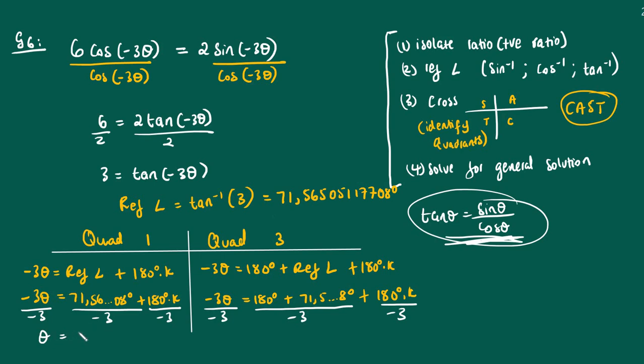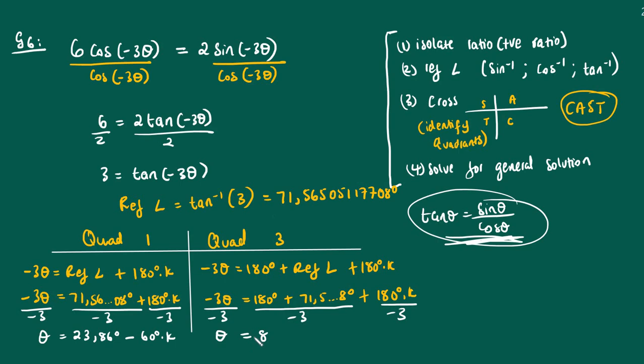So you divide by negative 3, you get 23.86 degrees minus, what would be 180 divided by 3? 180 divided by 3 would be 60 degrees times k. Then here you're going to have your theta as 180 plus arctan of 3, and then you divide by negative 3.